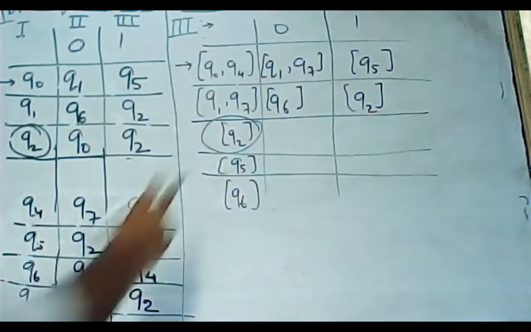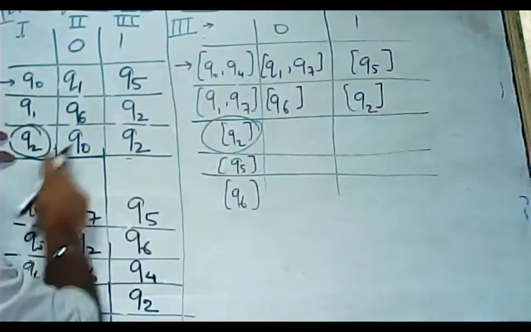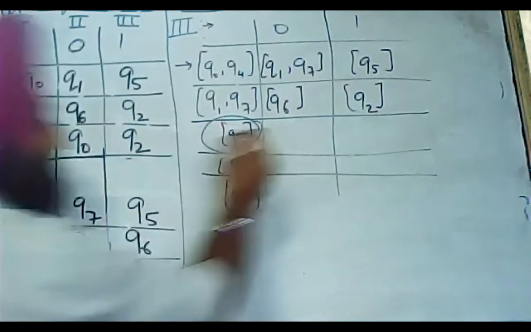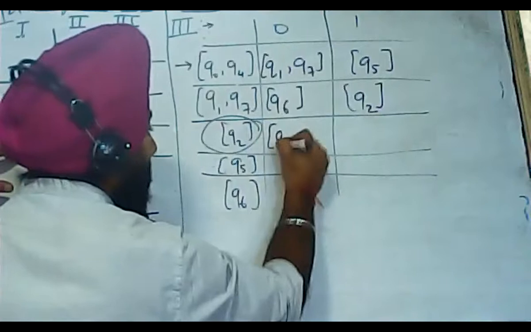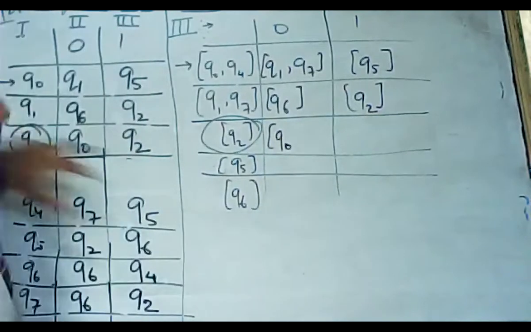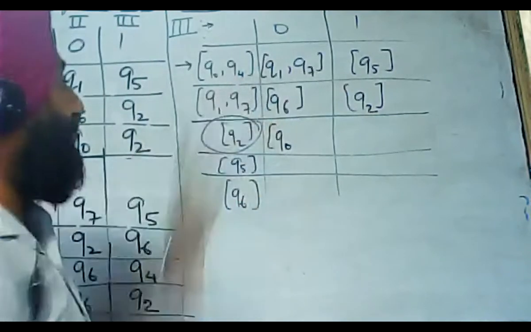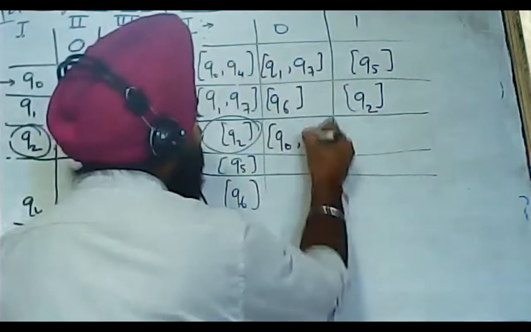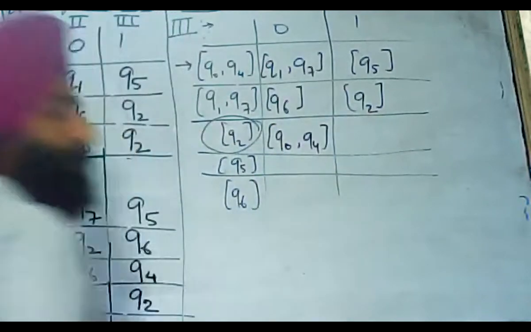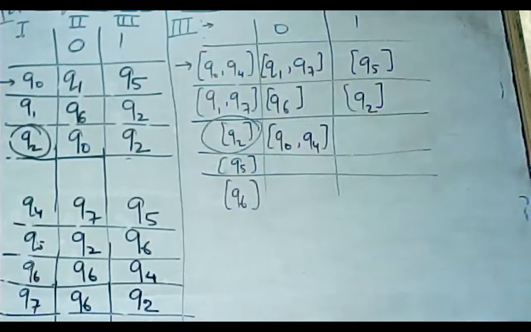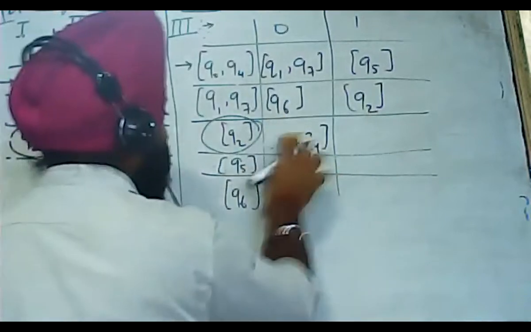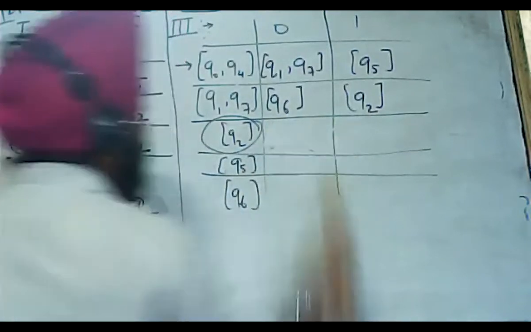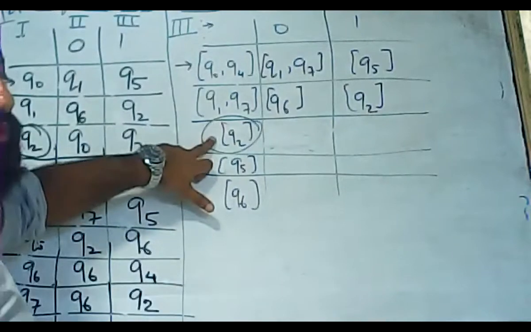Next we have Q2 upon the processing of 0. Q2 upon the processing of 0 is going to Q0. But Q0 is having a pair with Q4, so you need to write Q4 as well. I'm repeating again: here you have only a single state, that is Q2.